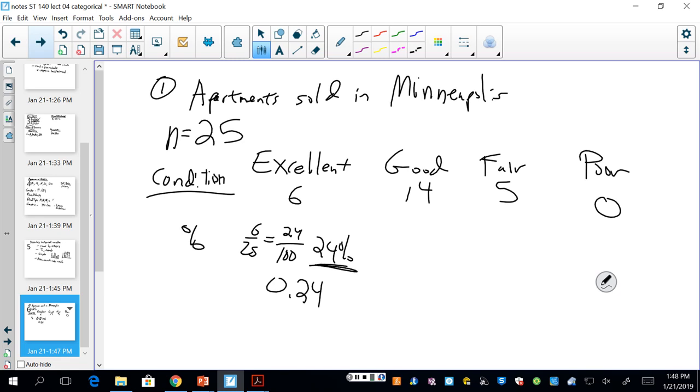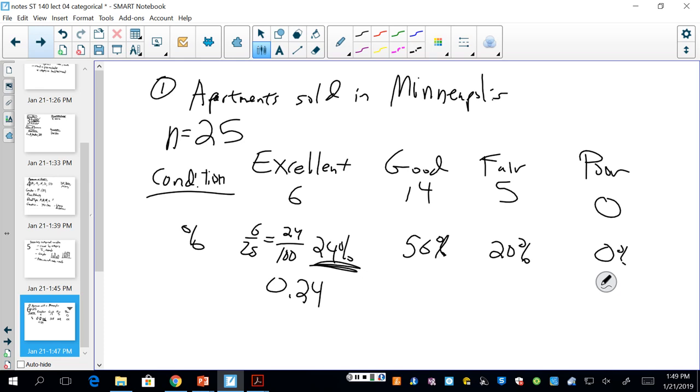If I choose to do the 24%, which I probably would, if I had to write a sentence describing this for somebody to read, I'd say that of the 25 apartments sold in this time period, 6 or 24% were in excellent condition, 14 or 56% were in good condition, and 5 or 20% were in fair condition, and nothing in poor condition was sold during this time period. Okay? And that would communicate to whoever's interested in this what's going on.